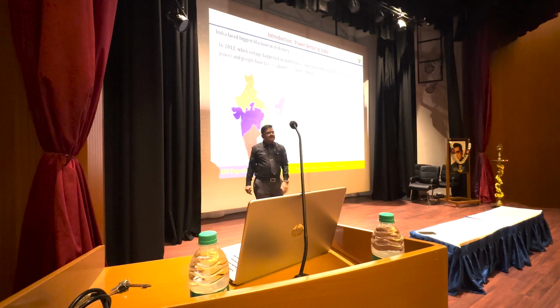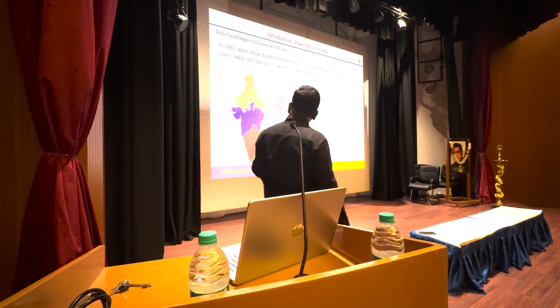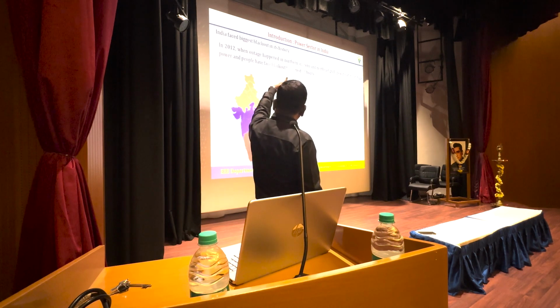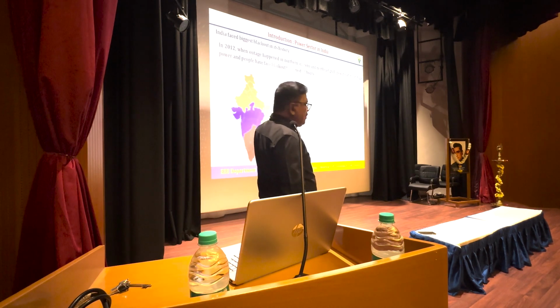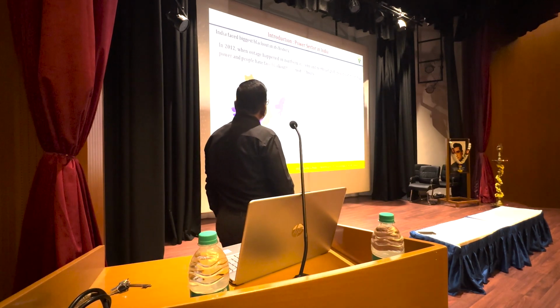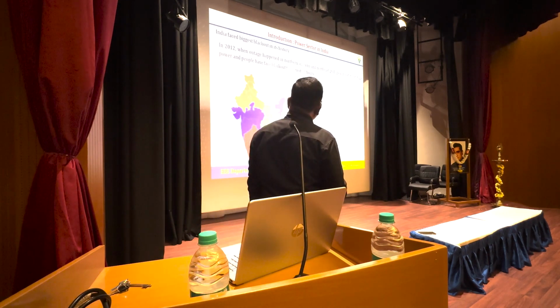The first problem happened in the northern grid. Then it led to the tripping of the eastern and then northeastern grid. So entire northern India and eastern India faced the blackout in 2012.